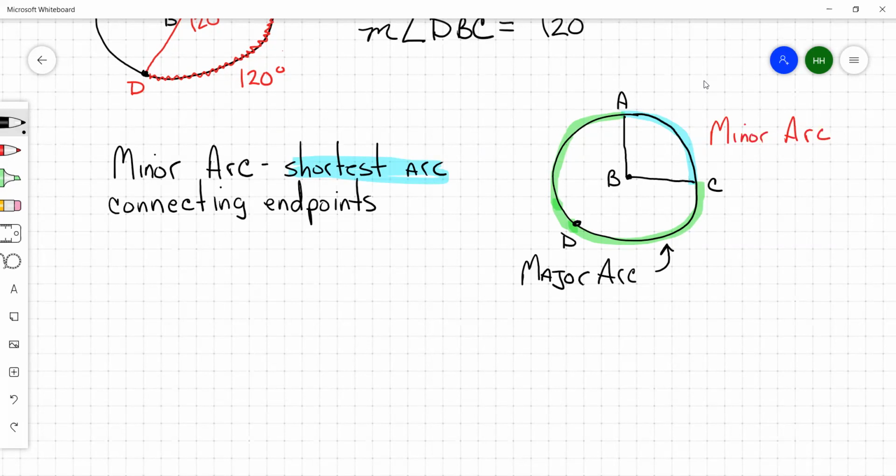That's the longest arc connecting endpoints.